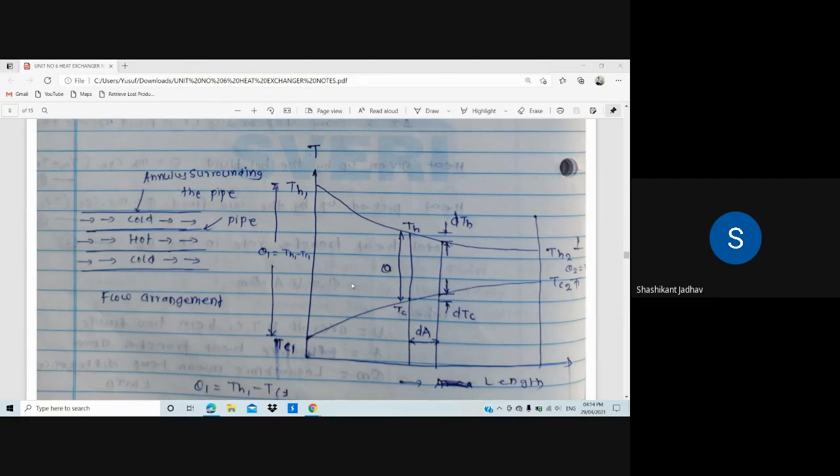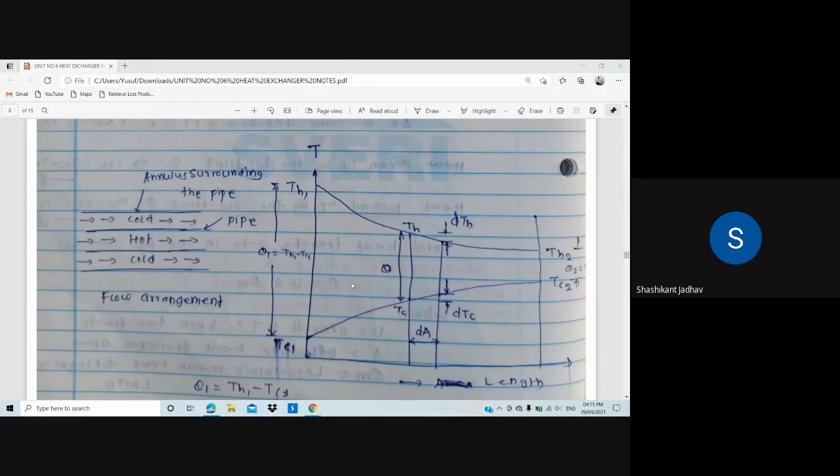So now we have to find the LMTD for the parallel flow heat exchanger and the LMTD for the counter flow heat exchanger. First we will find the log mean temperature difference equation for parallel flow, then we find the LMTD equation for the counter flow heat exchanger. Okay.